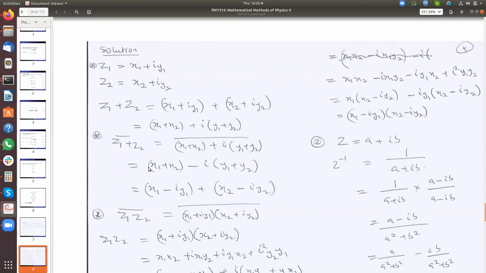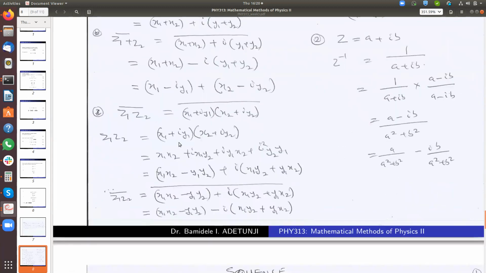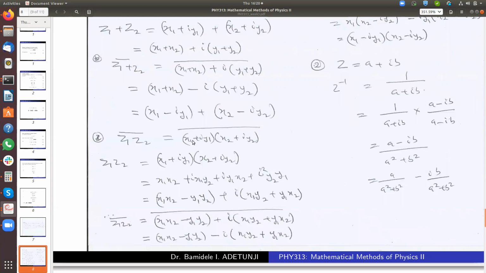By the time you open the bracket, you can rewrite the expression, collecting the z1 and also the z2. For the multiplication, it is just the same procedure. This one times this one, you take the conjugate. By the time you multiply, you collect the like terms, then you apply the conjugate, and you have your result.